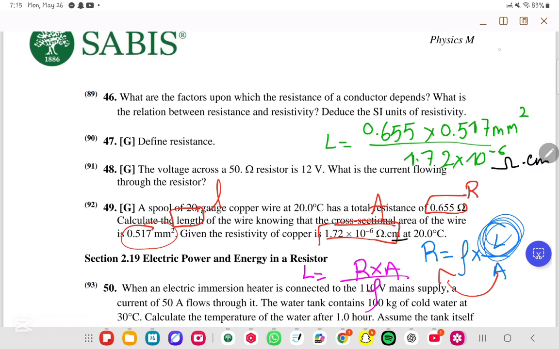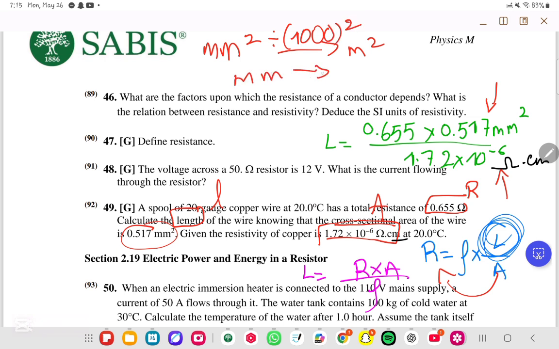And for us, the basic unit in physics of the length is meters. So you need to change this one to meters and you will need to change this one to meters. How do you change them to meters? From millimeter squared to meter squared, you divide by 1,000 squared. Why? Because from millimeter to meter, you divide by 1,000, so from millimeter squared to meter squared, you divide by 1,000 squared.